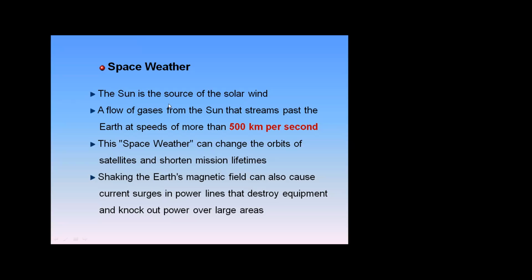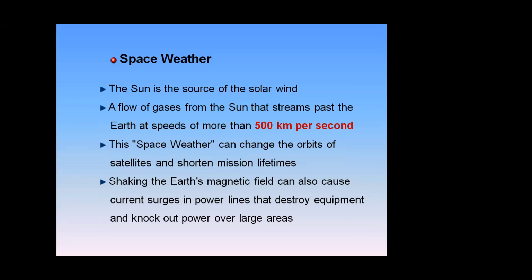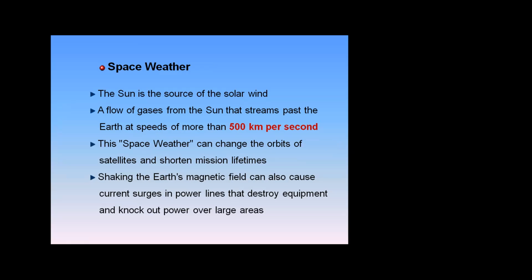And the sun is the source of the solar wind. Now we know that there are a lot of activities of the sun. It is a source of all these solar winds, solar flares, energetic particles, and coronal mass ejections. You might have heard about these events. A flow of gases from the sun streams past the earth at speeds of more than 500 kilometers per second.